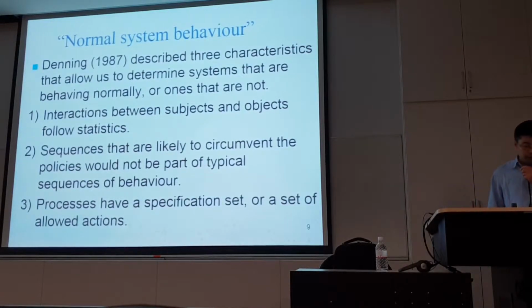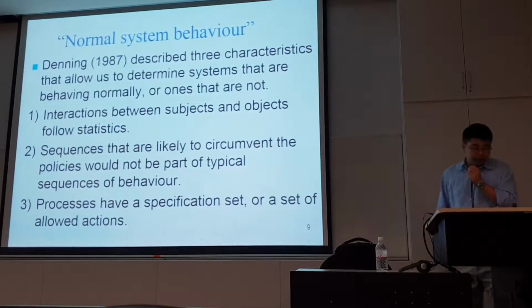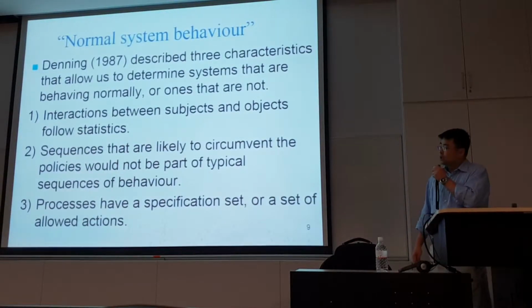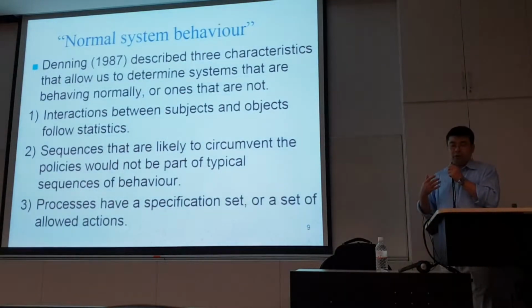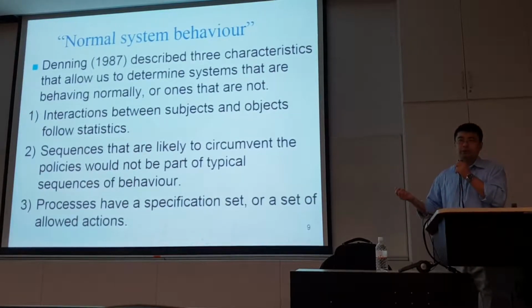The second one is that sequences that are likely to circumvent the policies would not be part of a typical sequence of behavior. What does it mean? It means a normal, honest user will not try to perform some illegal action. For example, they will not try to access a file they are not supposed to open.